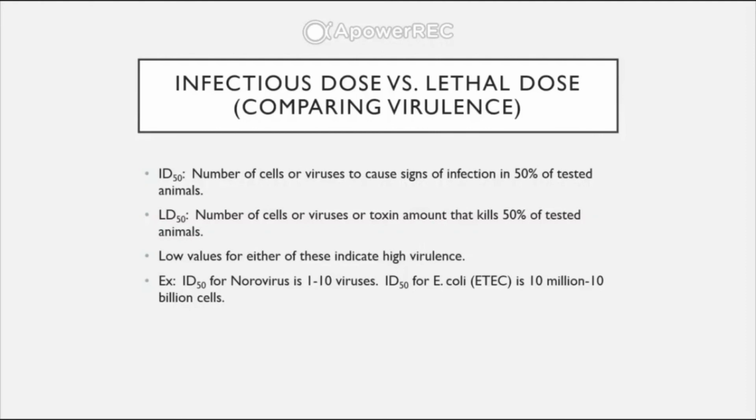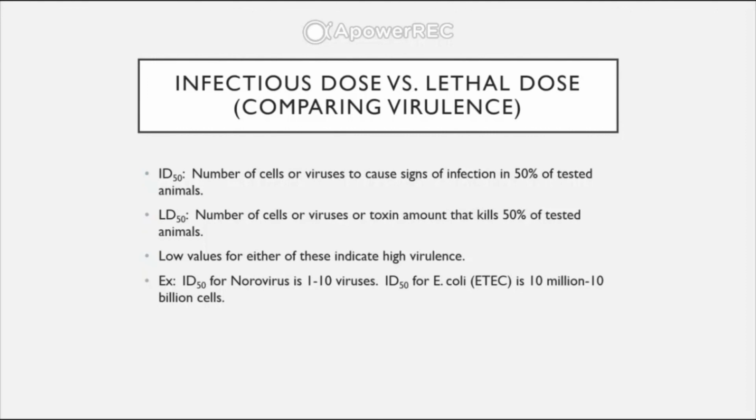The LD50 is a little more intense than that. This is the lethal dose of 50% of the population. This is the number of cells or viruses or infectious agents, or it could even be the amount of toxin necessary in order to kill 50% of the animals that are tested with it. So what does this mean?